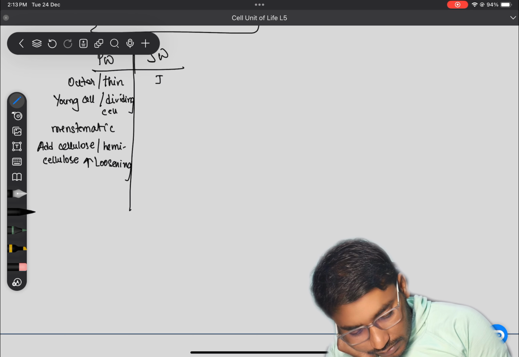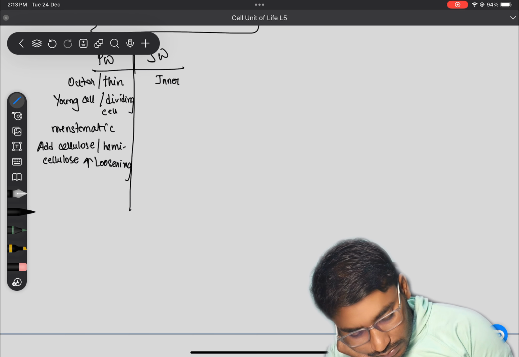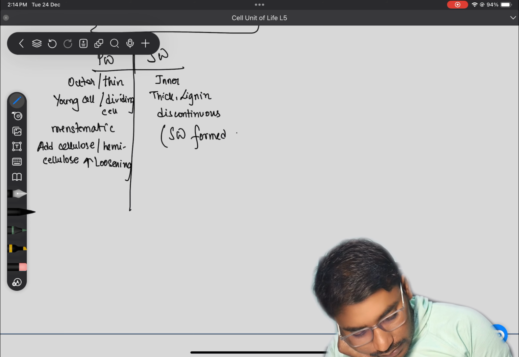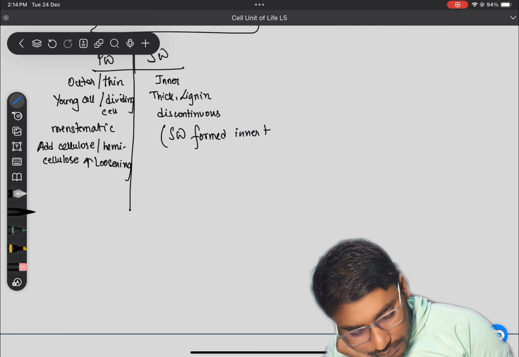SW is inner, thick, lignin, discontinuous. Secondary cell wall is formed inner to primary cell wall.